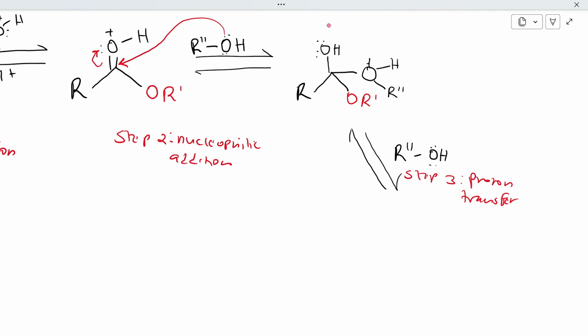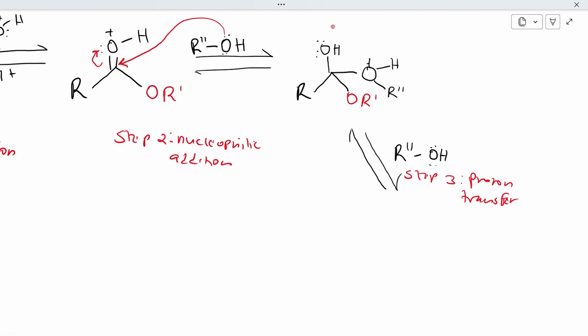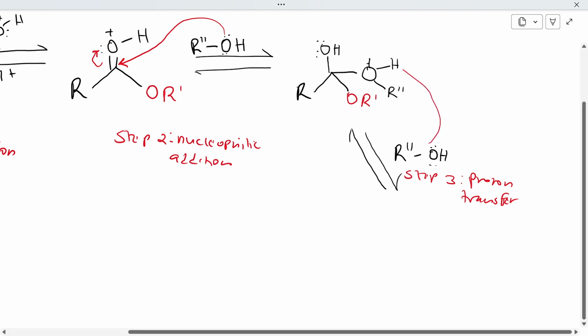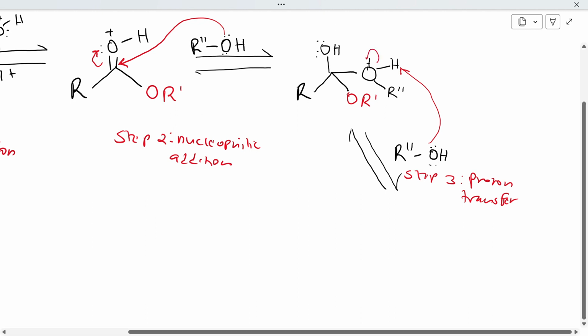And how is that occurring? What is going to happen here is very simple. The lone pair of electrons found on that is going to pick this hydrogen, and an electron is going to be shifted.